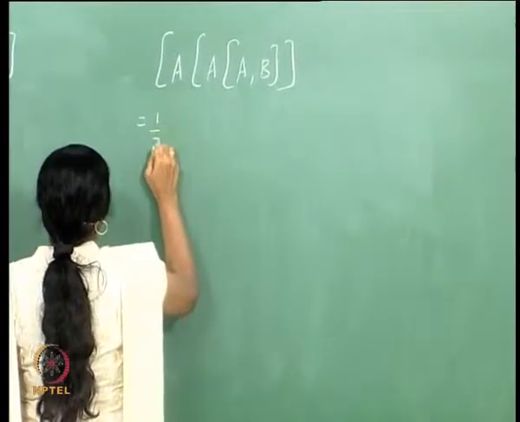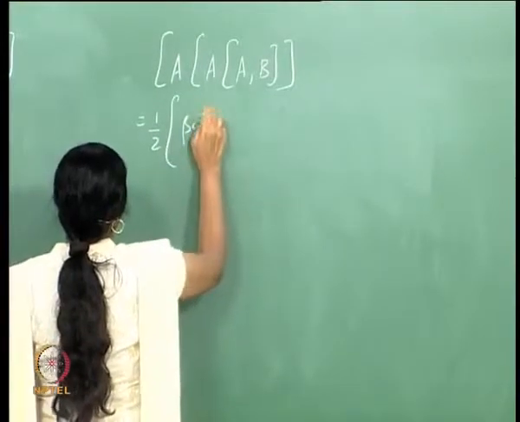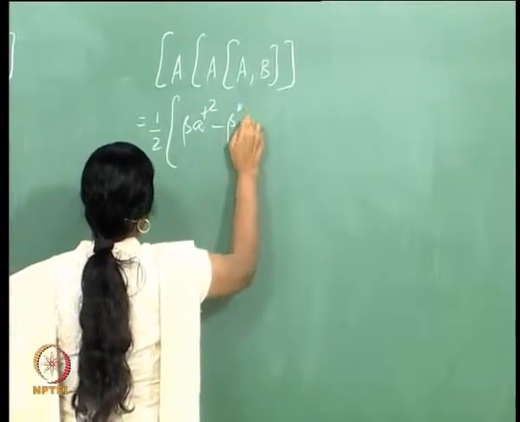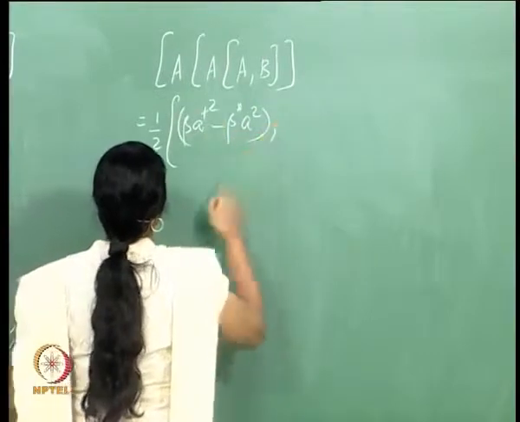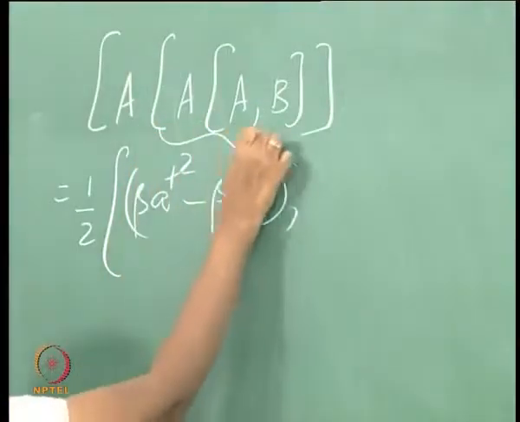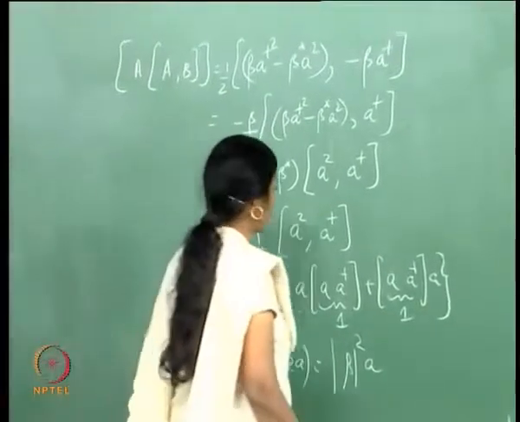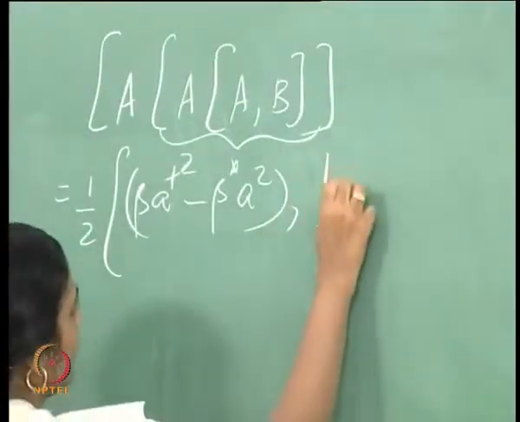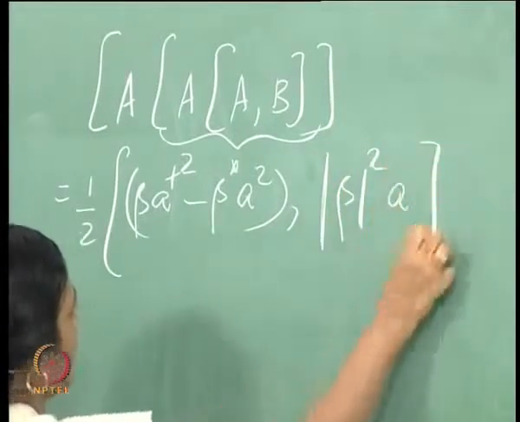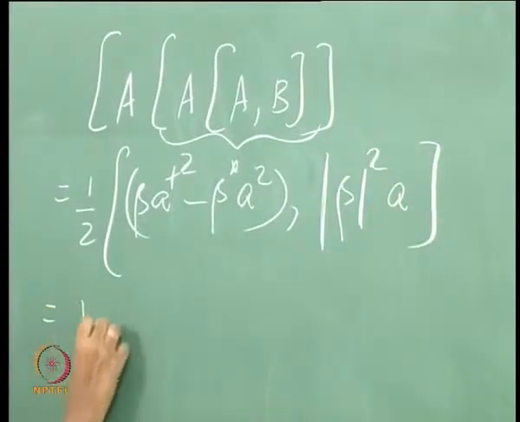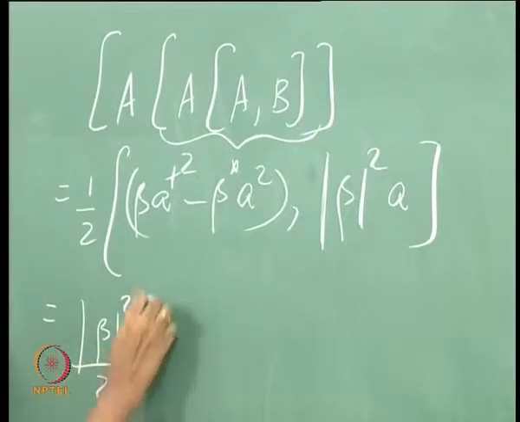That is the same as half commutator of beta A dagger squared minus beta star A squared with this commutator, which is what I have put down here, mod beta squared A. I can pull out the mod beta squared.